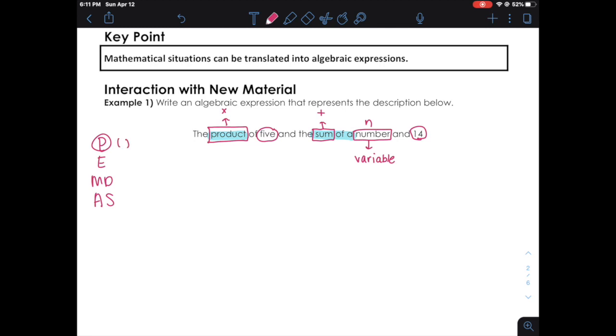So if I put this addition problem inside of parentheses, that's going to make it happen first. So we have n plus 14 inside of parentheses. And we're trying to find the product of, or the answer to the multiplication of, 5 times that sum. So the expression that we're going to use is 5 times the quantity n plus 14.